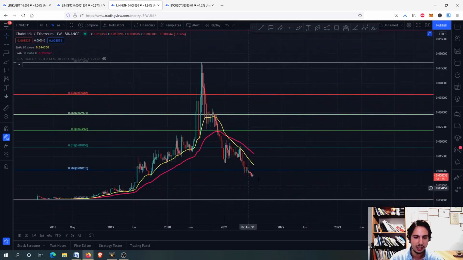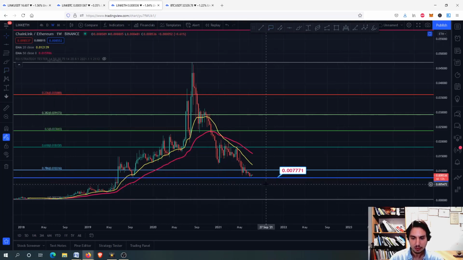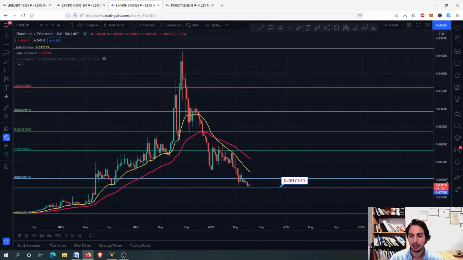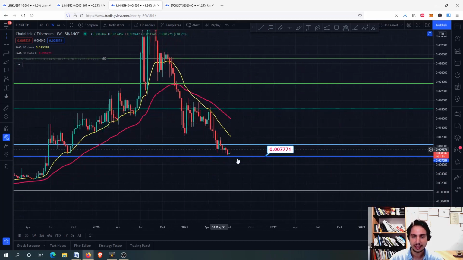You can see that we are even lower than the 0.786, but we have one very strong support level right here between those Fibonacci retracement, the 1 and the 0.786. It is, guys, this price label right here. So eventually we want to start actually outperforming against Ethereum, and you can see that we are at almost 0.0077.